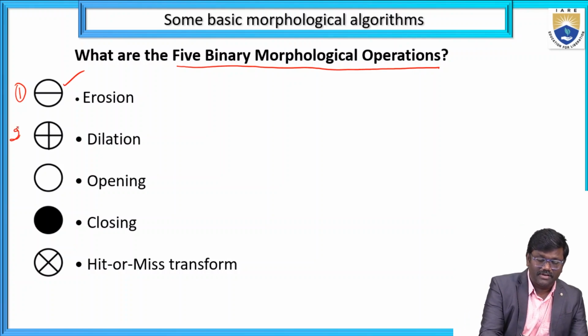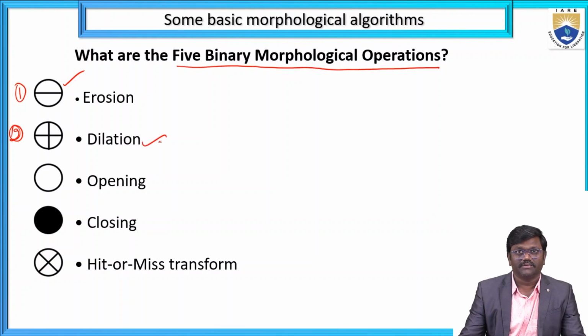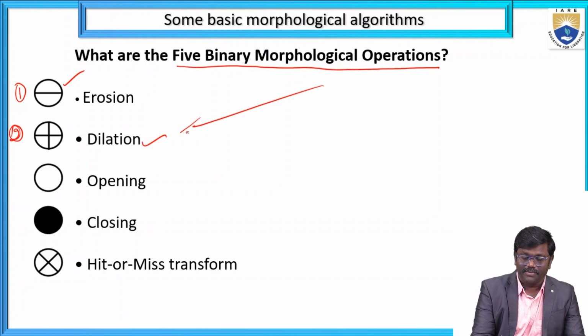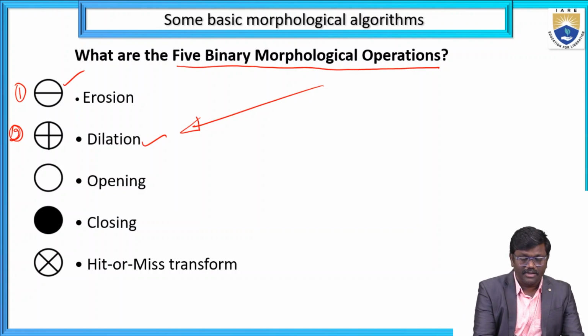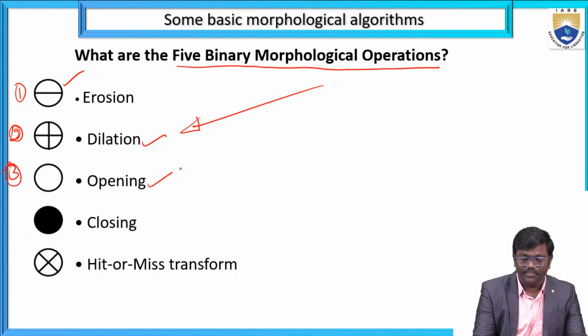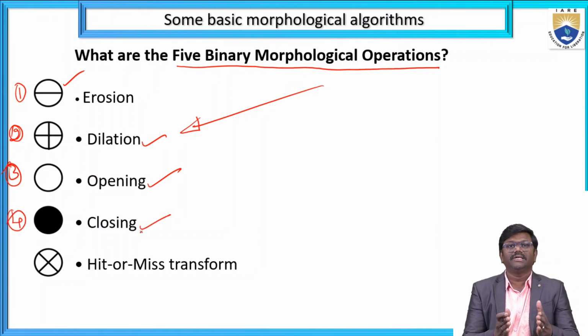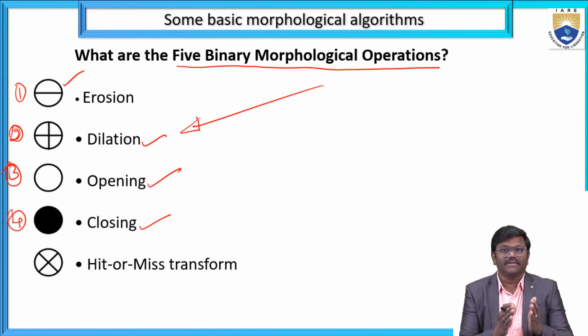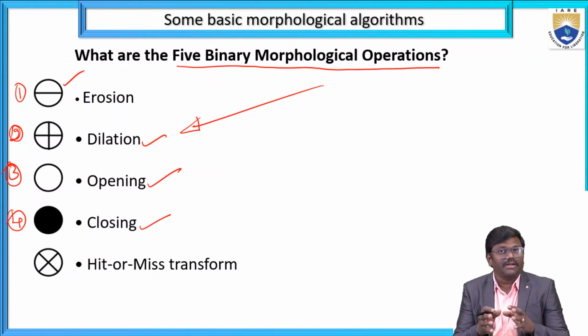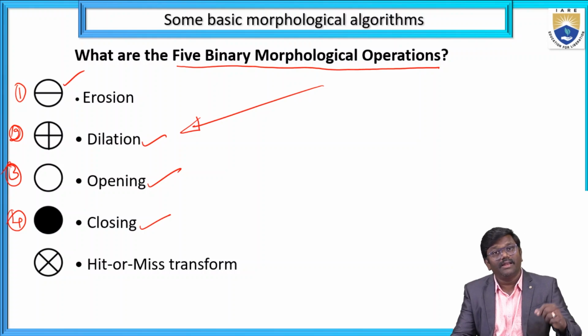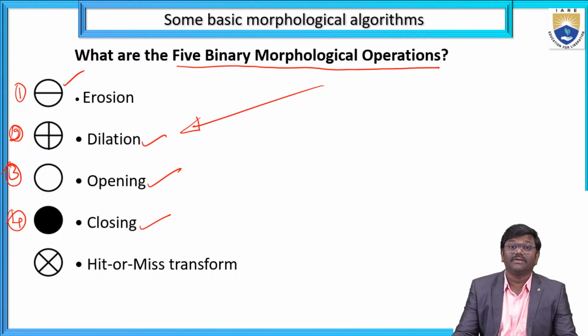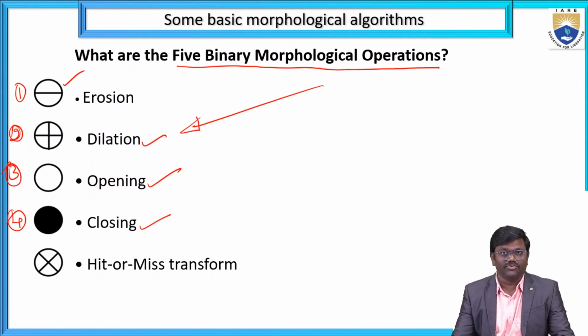The second one is dilation, also represented symbolically. Number three is opening and number four is closing. What we want to concentrate on here are the morphological operations considered under the five binary morphological operations, each symbolically represented, for the sake of achieving system design techniques.